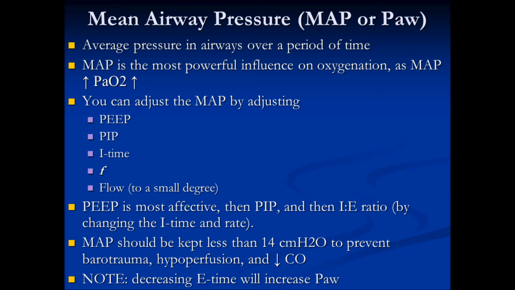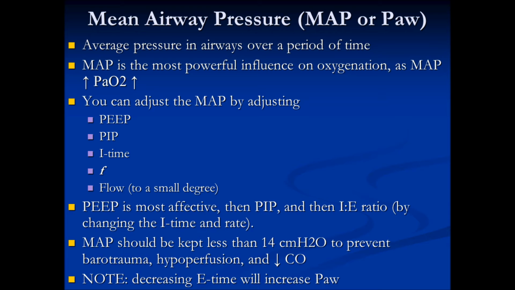PEEP is most effective, however. So if you were to have a test question that asks what is the most effective way to adjust your MAP, that would be PEEP. And then PIP is the second most effective way to adjust your MAP, because MAP is measured, it's not a setting.